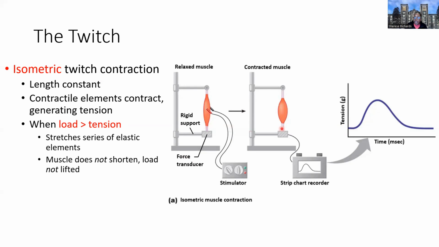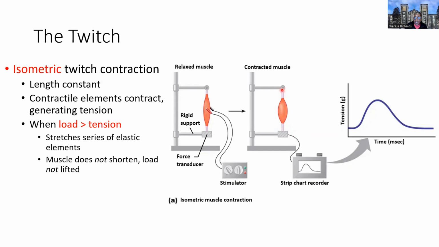In the contracted state, after we have an action potential elicited here, notice that the muscle itself, the load is never lifted, the muscle contracts. We can see that there's contraction happening as there's shortening happening of the individual sarcomeres, right? But there's not enough tension generated to actually lift the load in question.